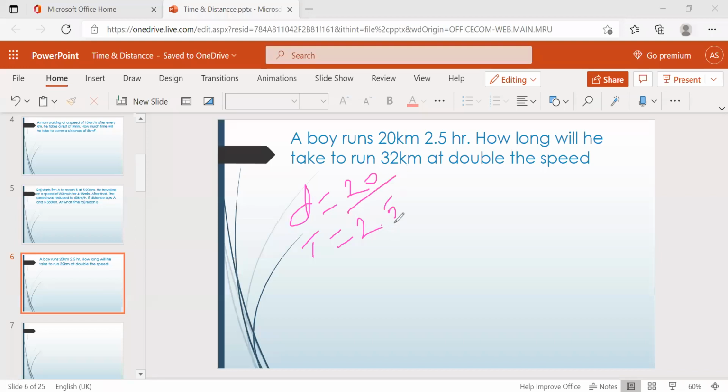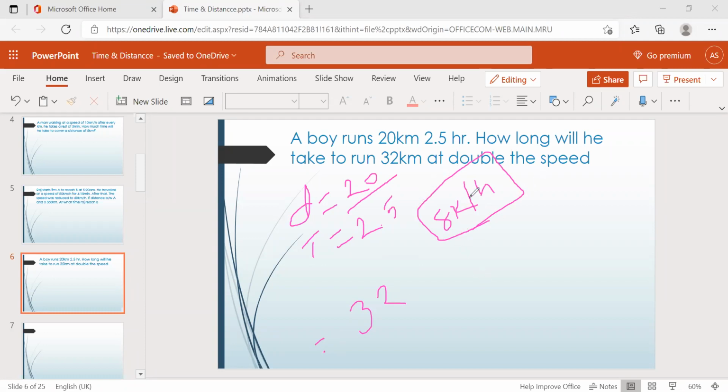20 by 2.5 is nothing but 8 kilometers per hour. 8 kilometers per hour is the speed. Now, you want to run 32 kilometers, so the distance is 32 kilometers, and double the speed. What's double the speed?